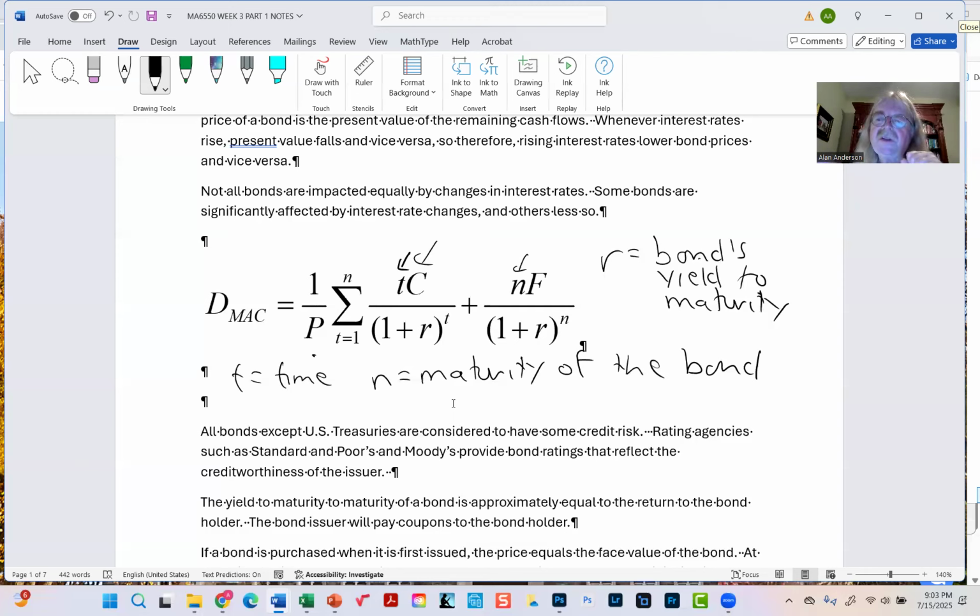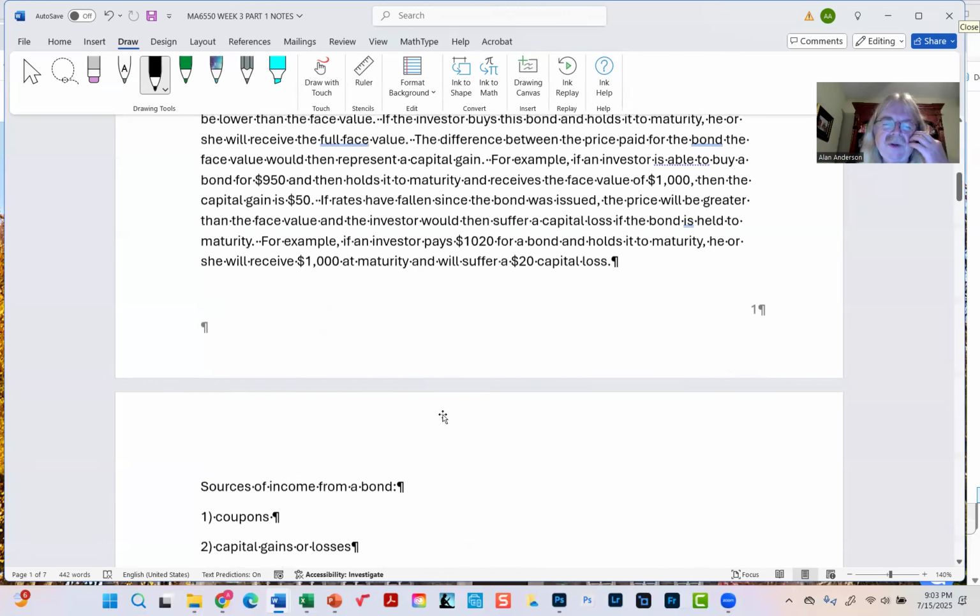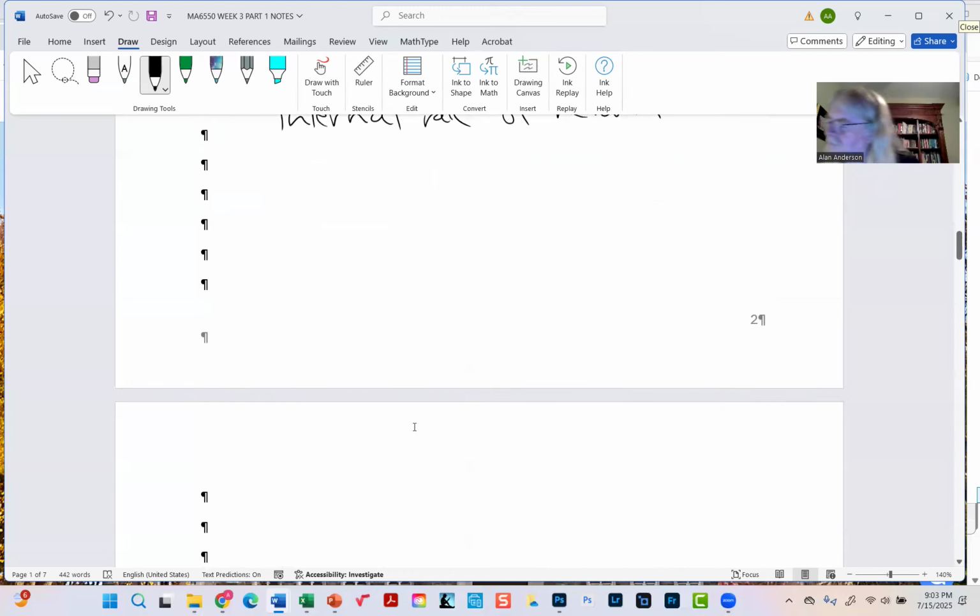But you can think of it as the time weighted average until the cash flows are all received. And so, in fact, you often would see in books that try to explain how this works, it's like a little seesaw. Let me see if I can remember how this works.